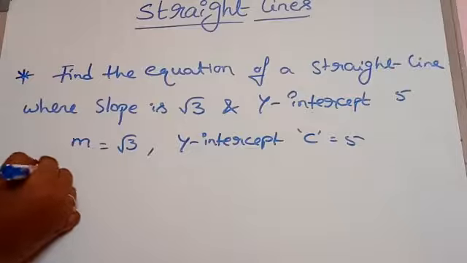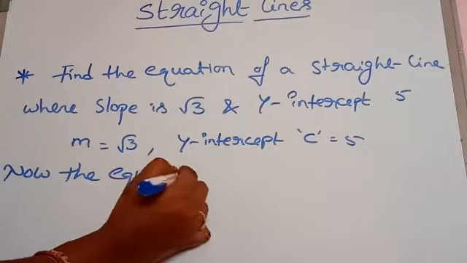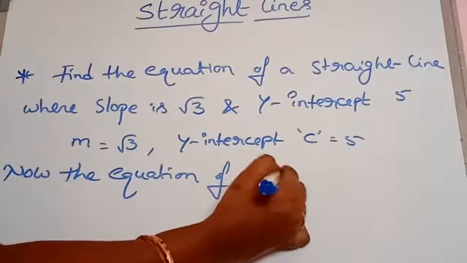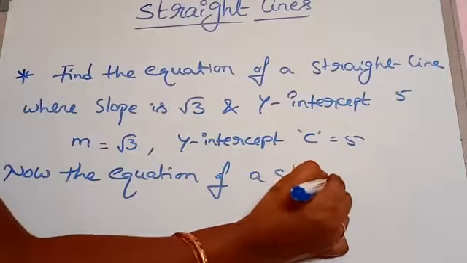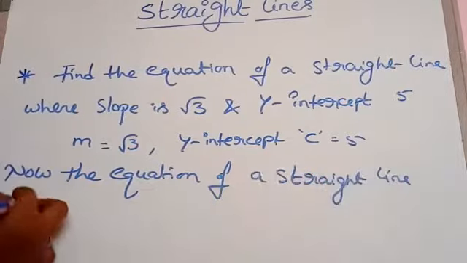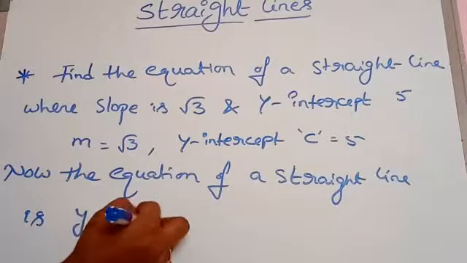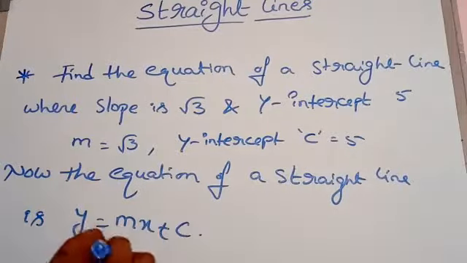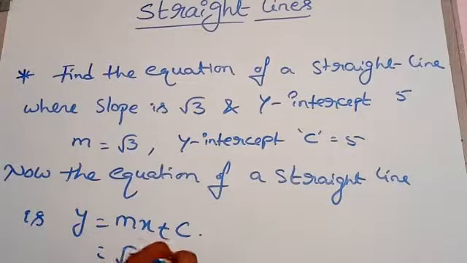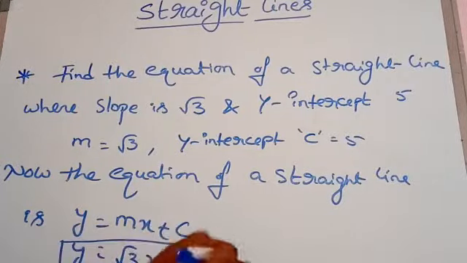Now the equation of a straight line is y is equal to mx plus c. Here m is root 3, so y is equal to root 3 x plus 5. This is the equation in slope intercept form.